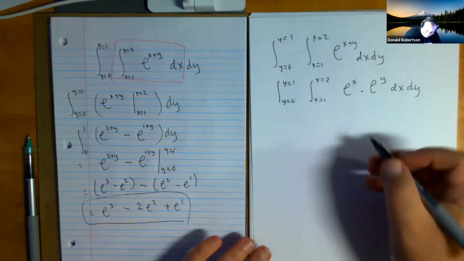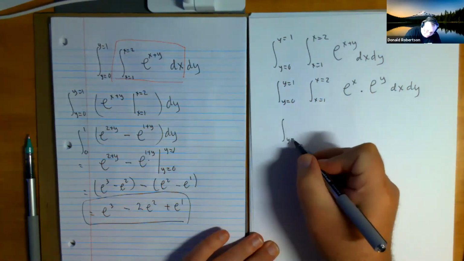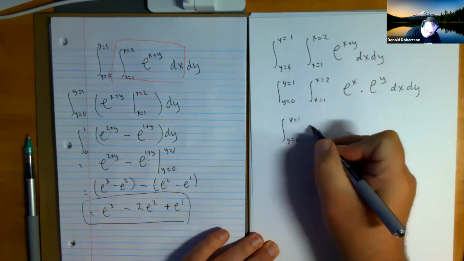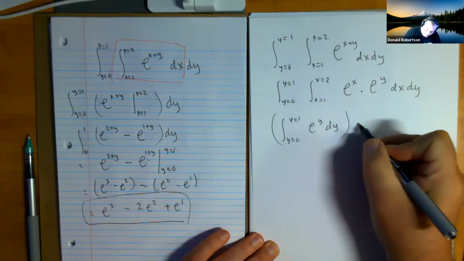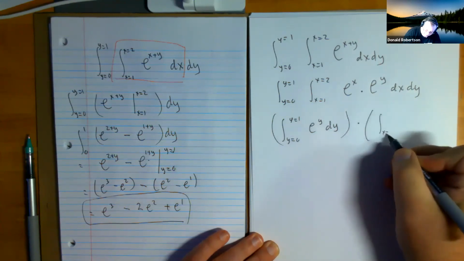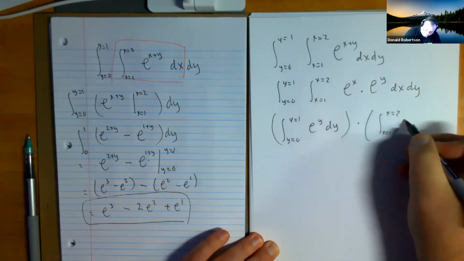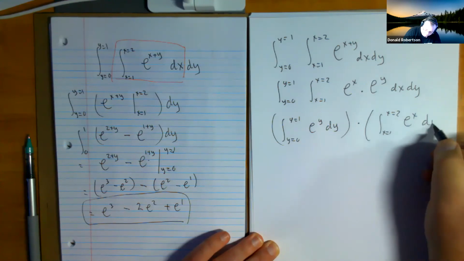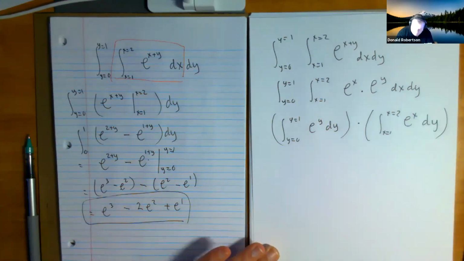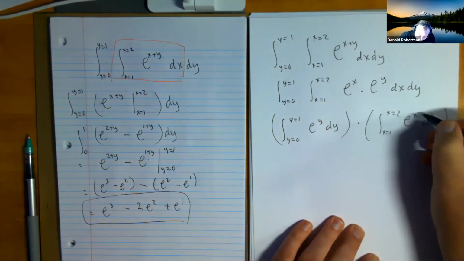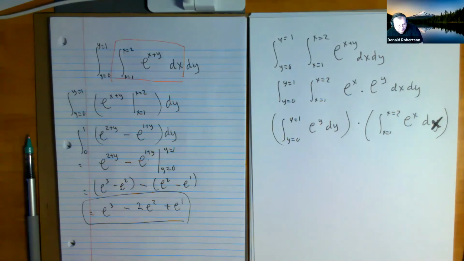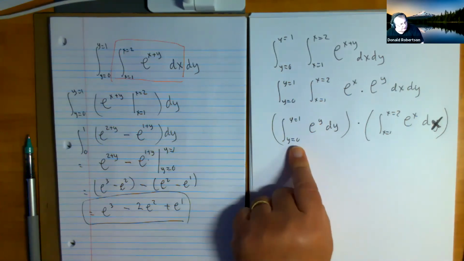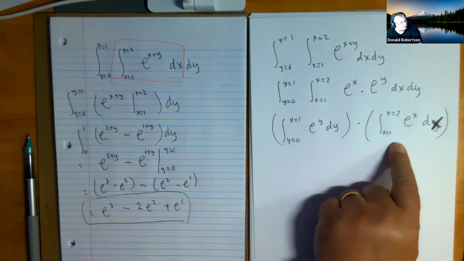And that means that, can't I split this up? Can I split them up into a y guy times an x guy?